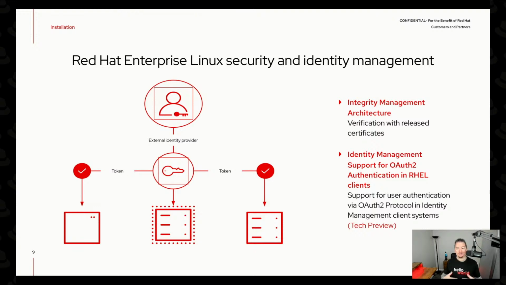And picture this: in the next release or two, with full production support, you'll be able to log into your Linux systems with, say, your GitHub ID. That's really cool, if you ask me, one less password to rotate every 3 to 6 months. But keep in mind that is Tech Preview, and we'll talk about what that means a little bit later on in the presentation.